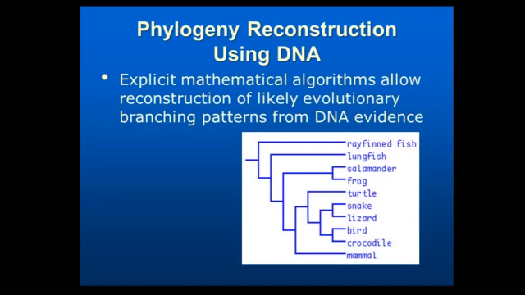So these equations that allow the reconstruction of these evolutionary branching patterns produce a diagram kind of like this. And you have to think of these diagrams as hypotheses, but they're pretty solid, and this is the kind of thing that you can look at.